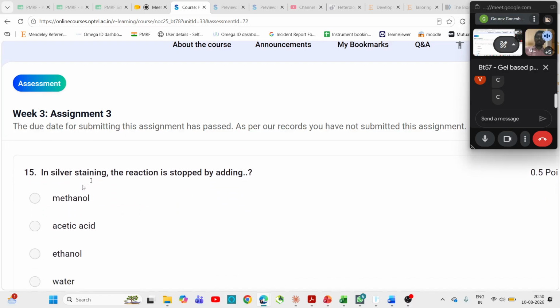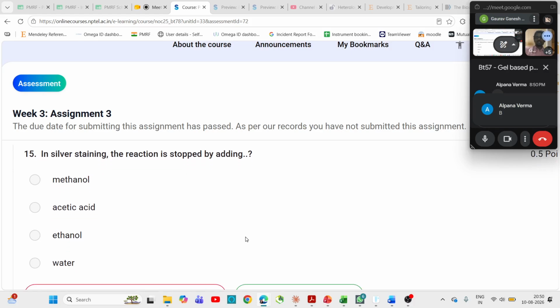So in silver staining, how is the reaction stopped? By adding acetic acid. Yeah.